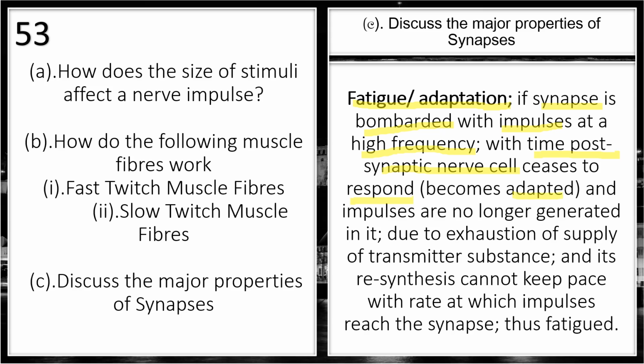They become adapted, and impulses are no longer generated in them due to exhaustion of the supply of transmitter substances, and its resynthesis cannot keep pace with the rate at which the impulses reach the synapse, thus fatigued.